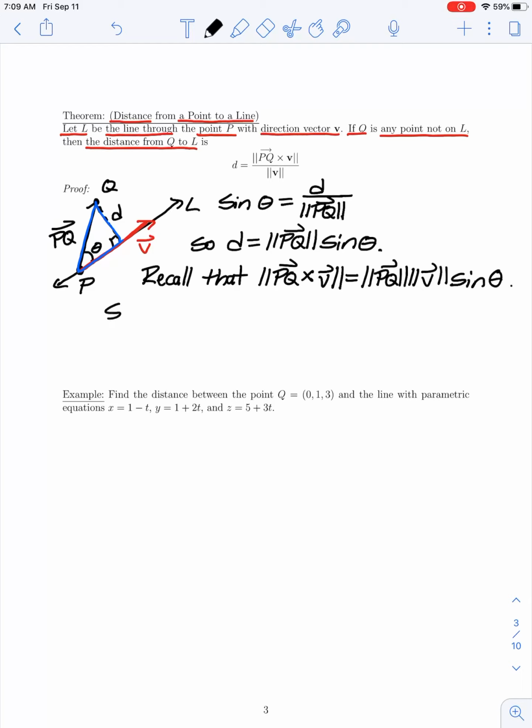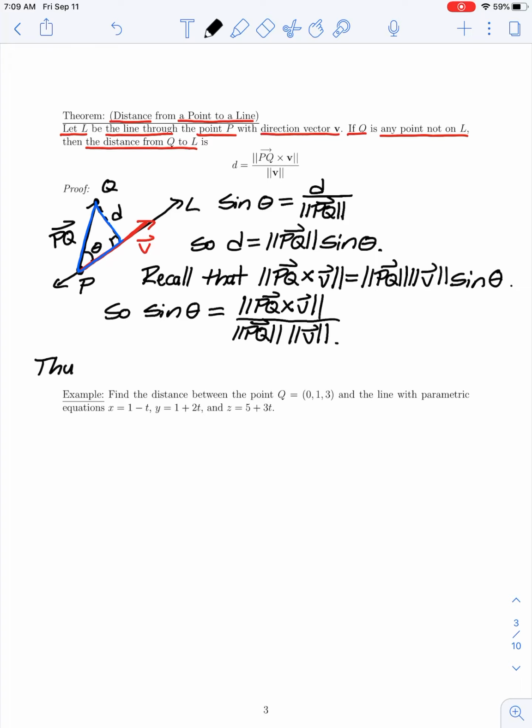So if I solve this equation for sine of theta, I have sine of theta is equal to the magnitude of the vector PQ cross v divided by the product of the magnitude of PQ and v itself.